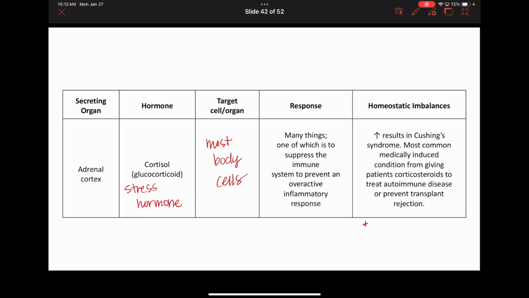So it may be beneficial if your doctor first prescribes a cortisol shot, maybe ask if there's some other way to treat your underlying pain, because you do not want to get into the habit of constantly getting cortisol injections. So not only is it for treating autoimmune disorders or preventing transplant rejection, but sometimes it's given for pain related to inflammation.